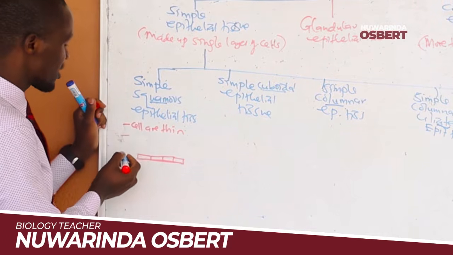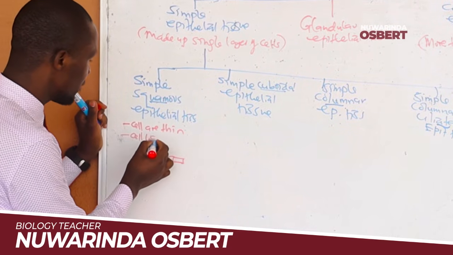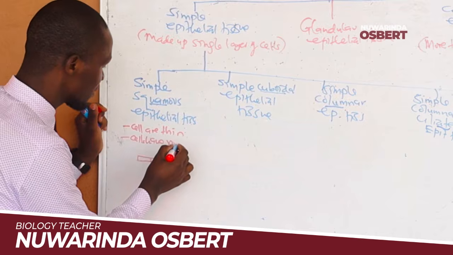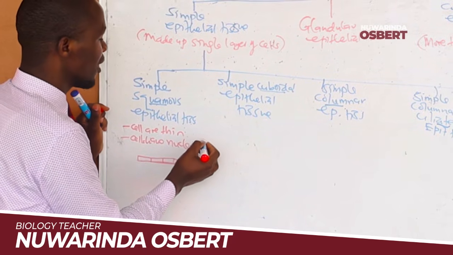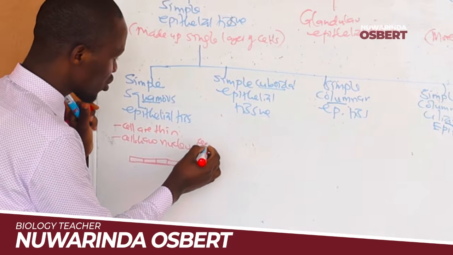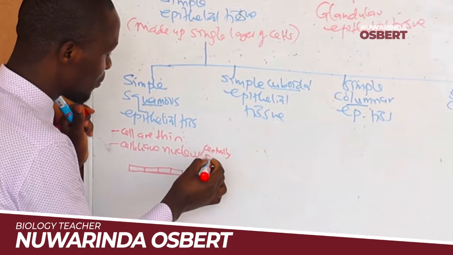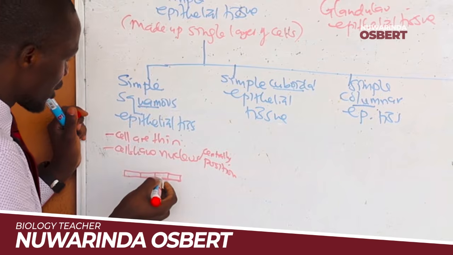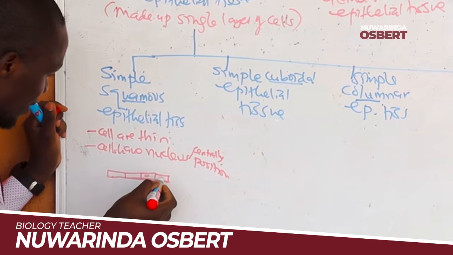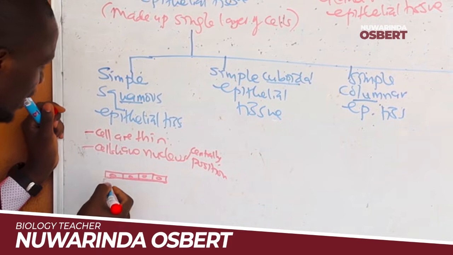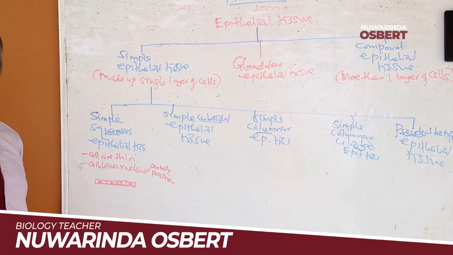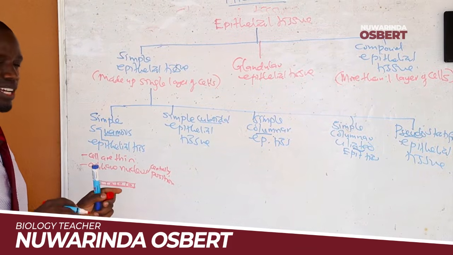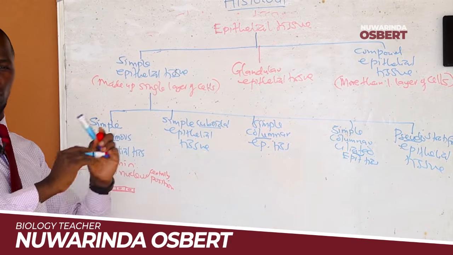Now, something special about these cells is that they have a nucleus. This nucleus is centrally positioned. The nucleus is found in the center. But because the cells are thin, this nucleus tends to bulge, tends to form a protrusion.